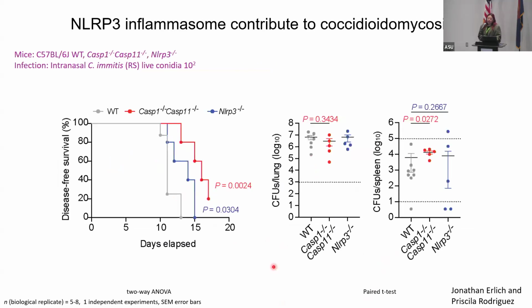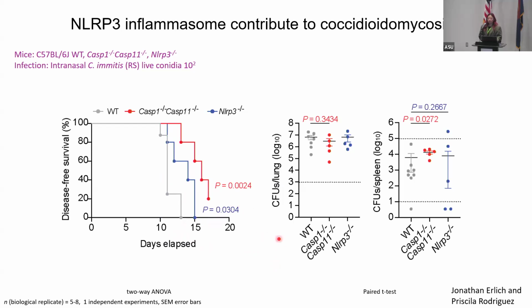We also looked at the involvement of the NLRP3 inflammasome in live conidia infection, with 10 to the 2 CFUs. We infected wild type, caspase 1/11 double knockout, and NLRP3 knockout mice. We saw that the wild type succumbed to infection by day 13, and the caspase 1/11 and NLRP3 knockout mice showed modest resistance.